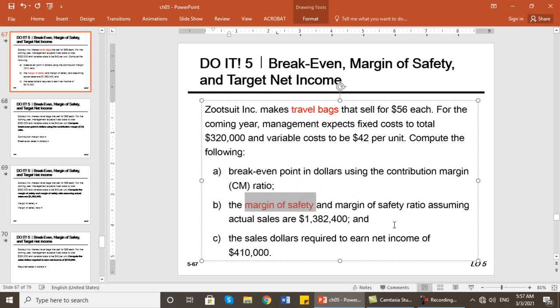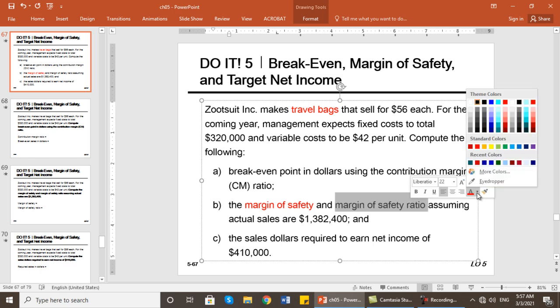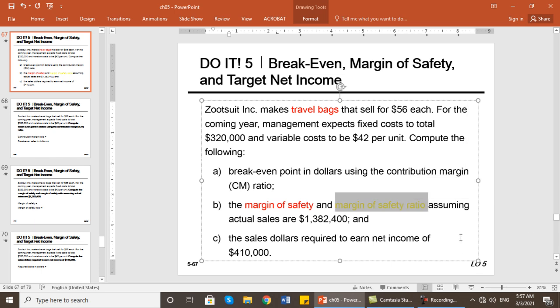Also, we need to calculate the margin of safety ratio. Two things.